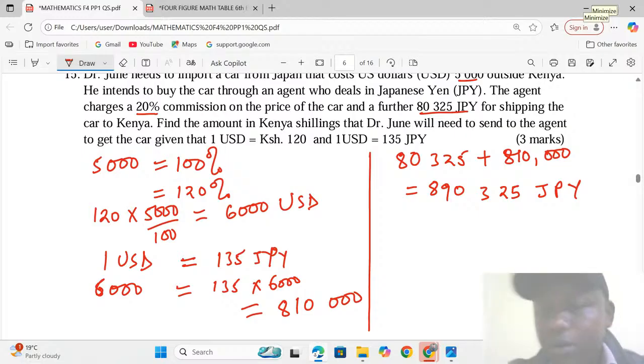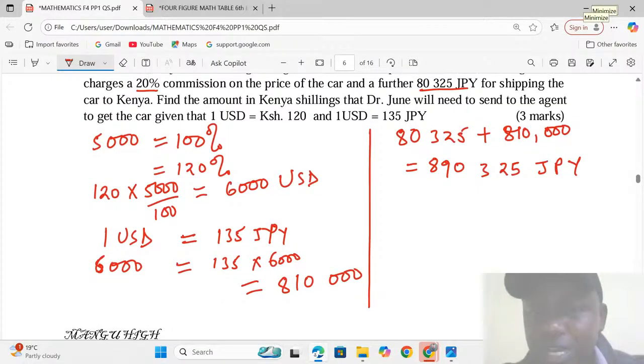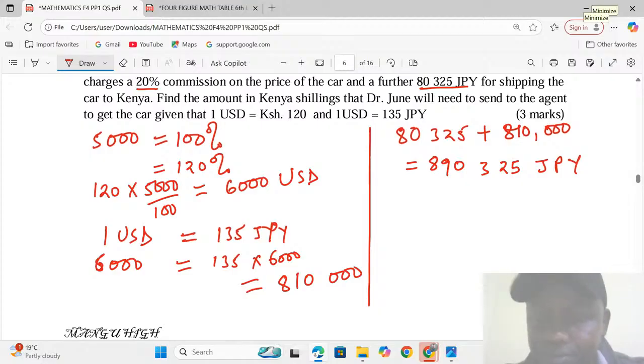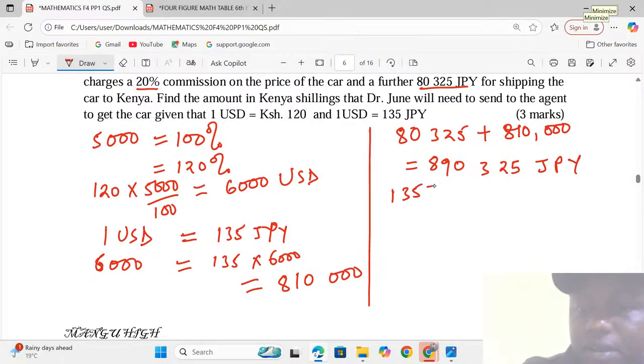If this is now the total cost in Japanese yen, we can now convert it to Kenya shillings. Remember, according to the relations given here, Japanese yen is not connected to Kenya shillings. So we have to make them USD, that is US dollars, then back to Kenya by saying this: 135 Japanese yen equals 1 US dollar.